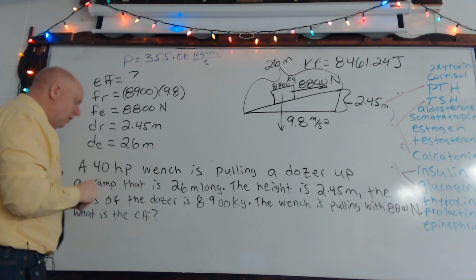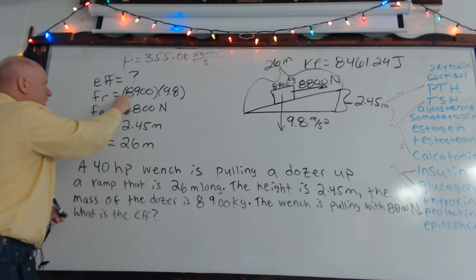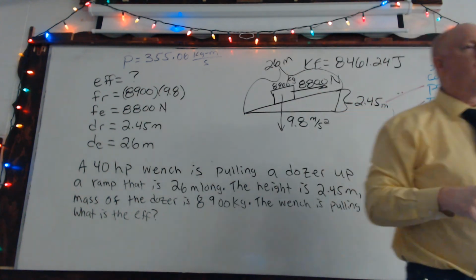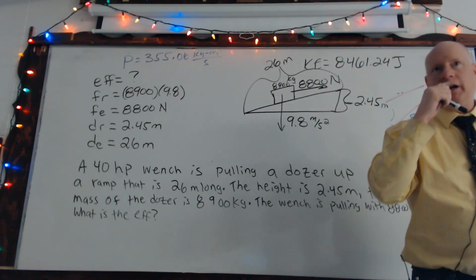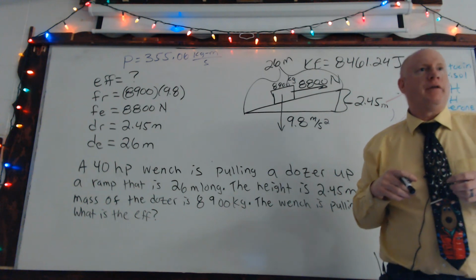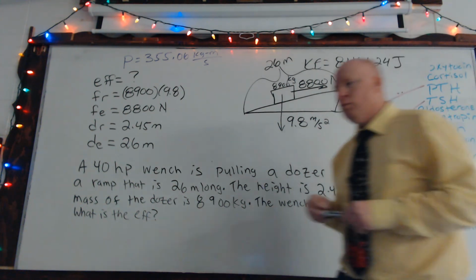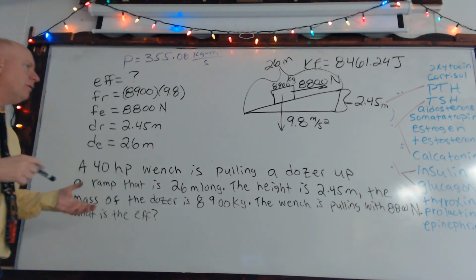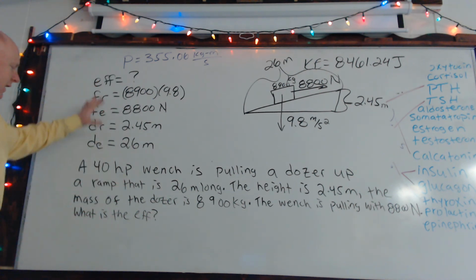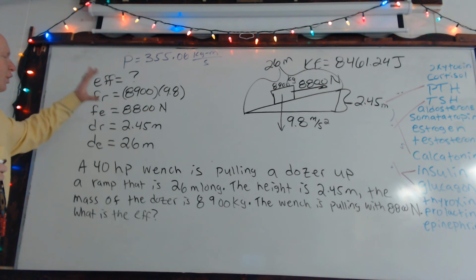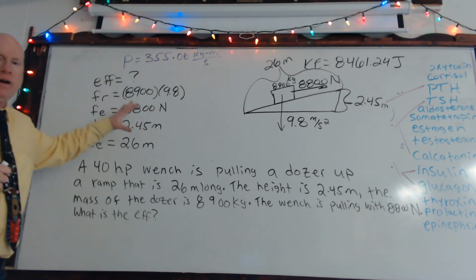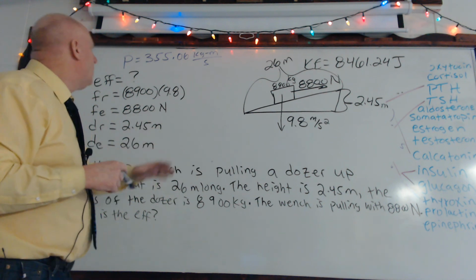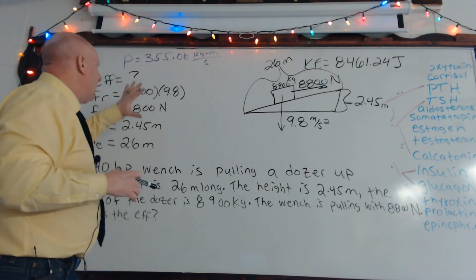Now, if we saw all these variables and it was not asking for efficiency, that would be like the example of a farmer swinging an axe, or pulling a nail, how much effort must go into it, how far is the nail moving. But if it is saying anything with efficiency, we're using that formula where it's FR times DR over FE times DE. We've got everything set up.